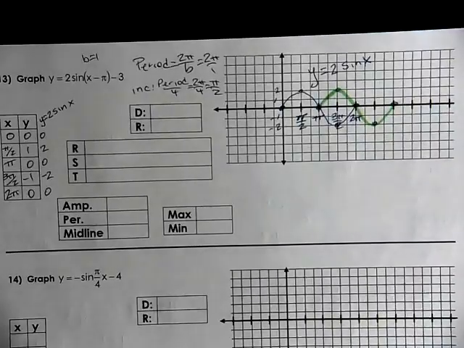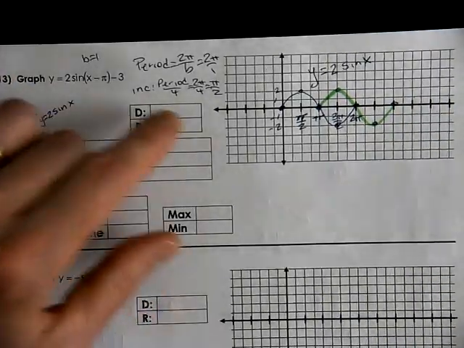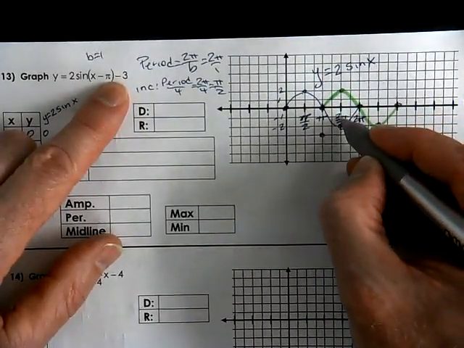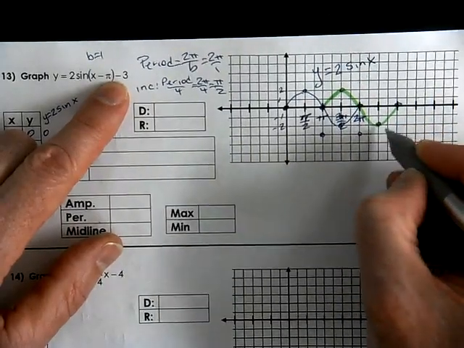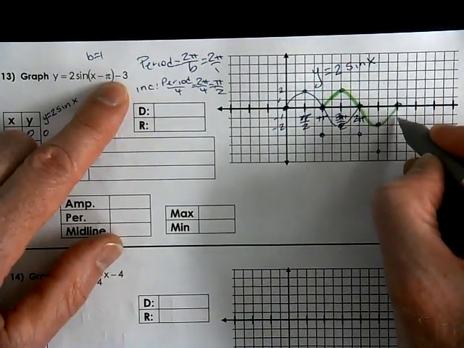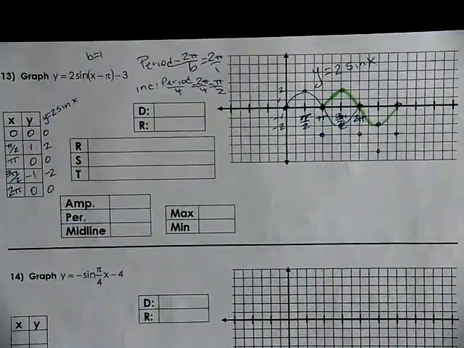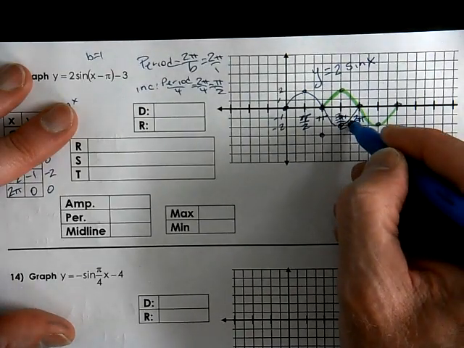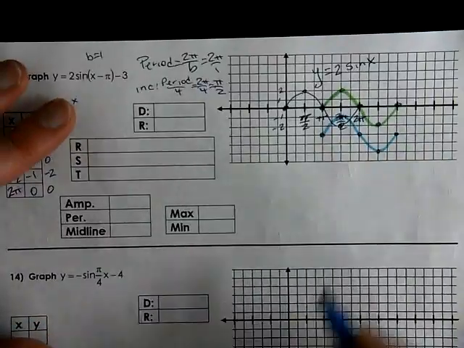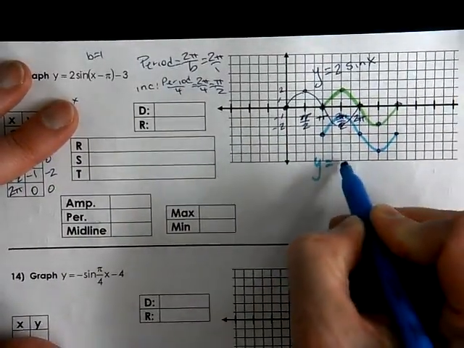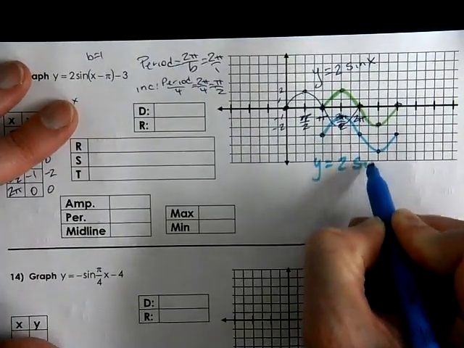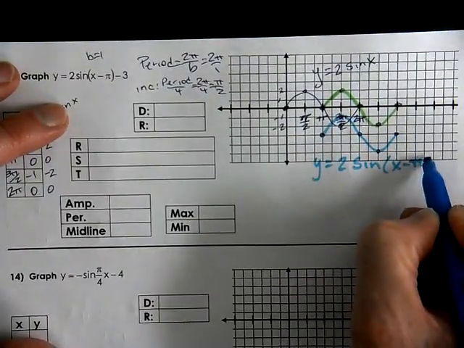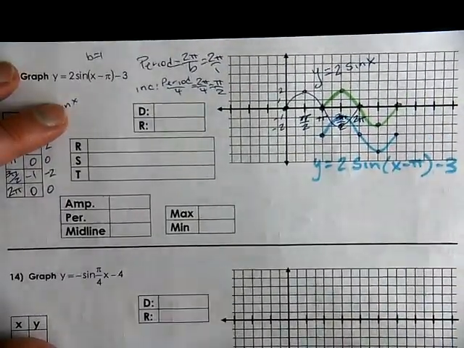I probably should not have drawn that, because I can also translate it down 3. 1, 2, 3. Usually we don't draw both the translations individually, but I got carried away here, I guess. This is the graph y equals 2 sine of x minus pi, because it goes to the right pi, and it went down 3.